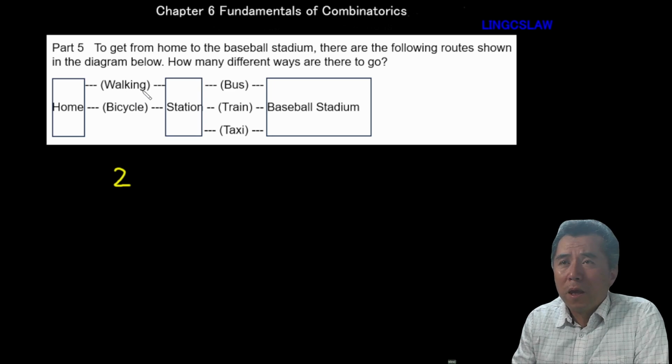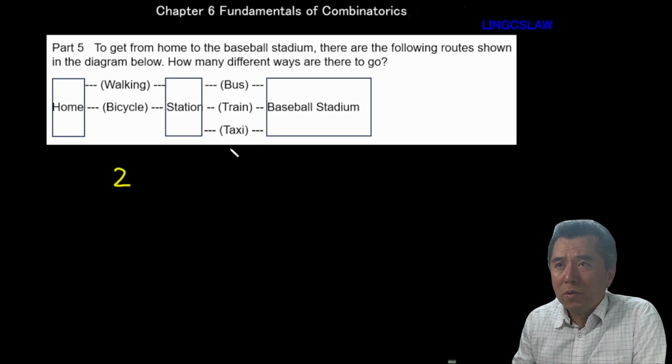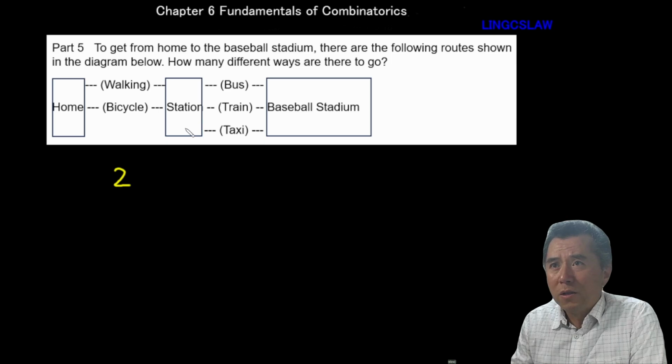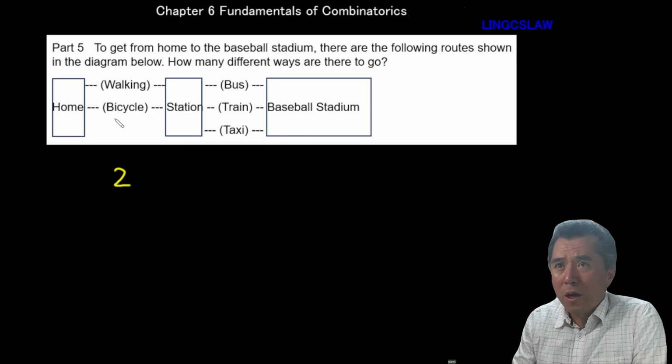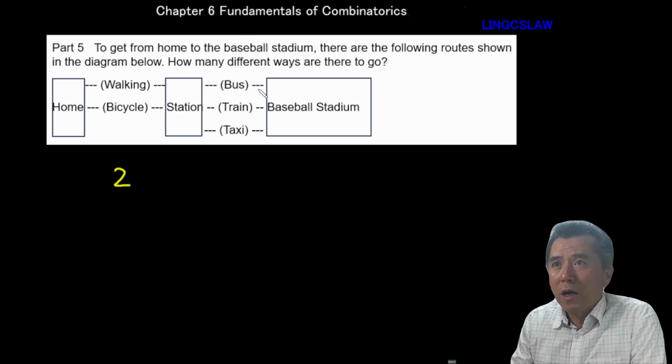If you take walking, there are still 3 ways from the station. 2 ways to go from the station to the baseball stadium. And if you take a bicycle, there are again 3 choices. So the number of choices is 2 times 3 equals 6. And this is the answer.